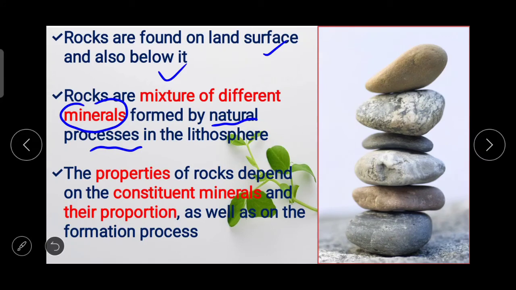The properties of rocks depend on the constituent minerals and their proportion, whether it is 100% or 50-50 or 70-30, whatever it is, but it depends on the proportion of the constituent minerals as well as on the formation process. By which process a particular rock is formed, the property of rock depends on that.